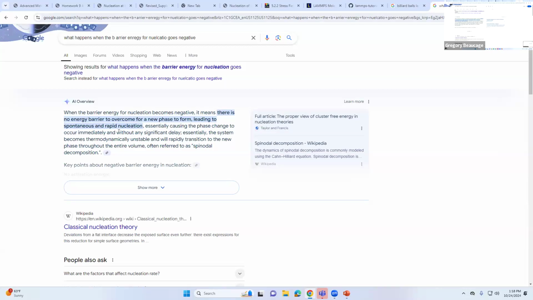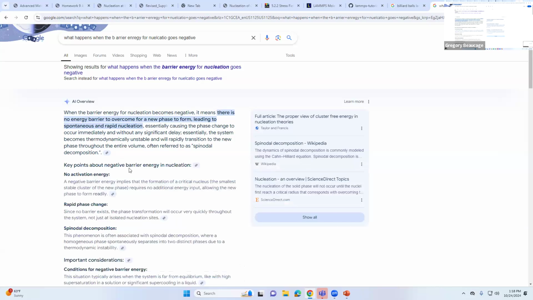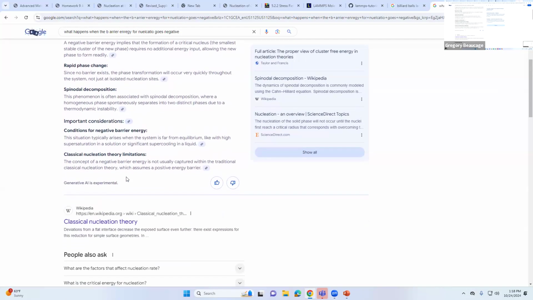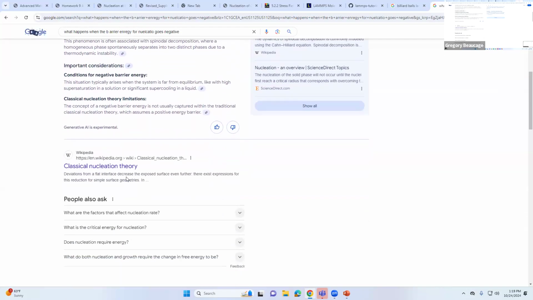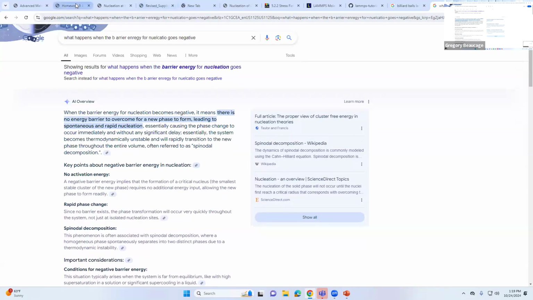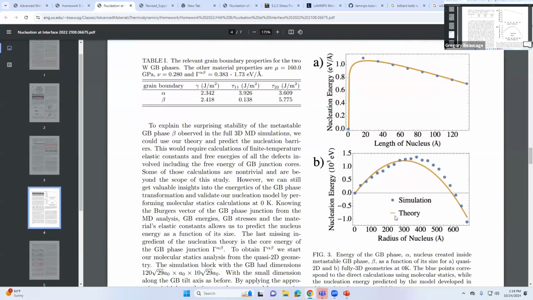It's true, so it's already negative. It doesn't matter. Spontaneous rapid nucleation. Spinodal decomposition. No activation energy, rapid phase change. Okay, well, I guess that means somehow you're reaching the spinodal regime. That kind of makes sense.